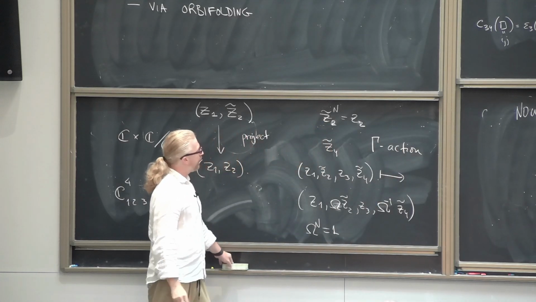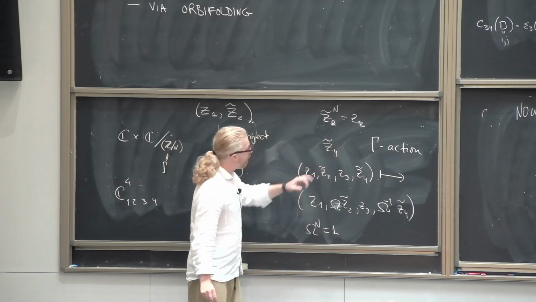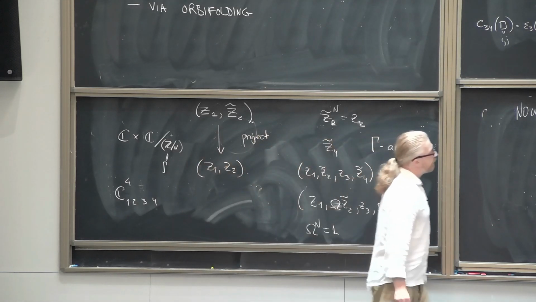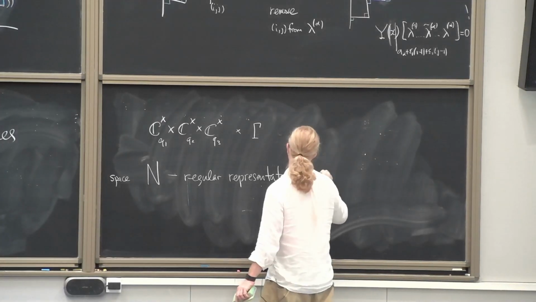In addition, and that's the tricky thing, this group gamma acts in the framing space. So what it means is that the n-dimensional vector space C to the n, which is the fiber of my torsion-free sheaves at infinity, the space n, I'm taking it to be the regular representation of gamma.